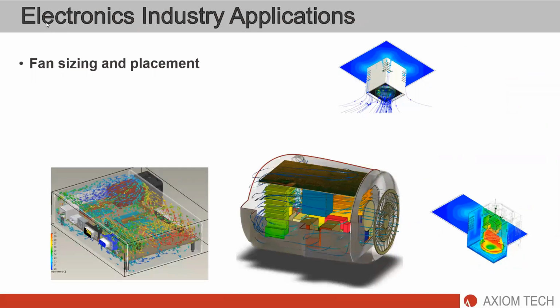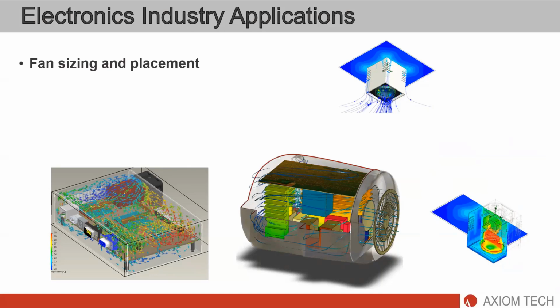The next application is in the electronics industry. The primary goal is to choose the correct fan sizing to overcome system pressure drop and ensure the fan operates on the correct part of the fan curve.